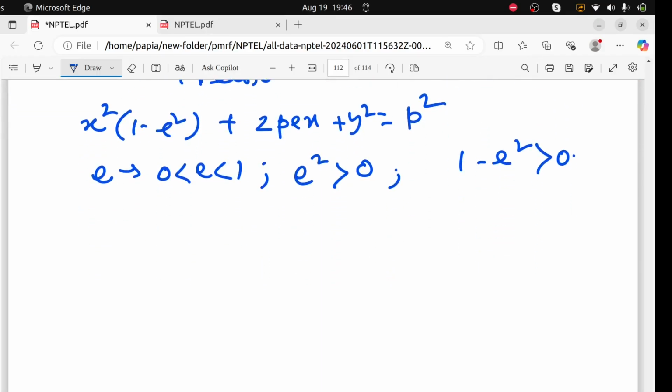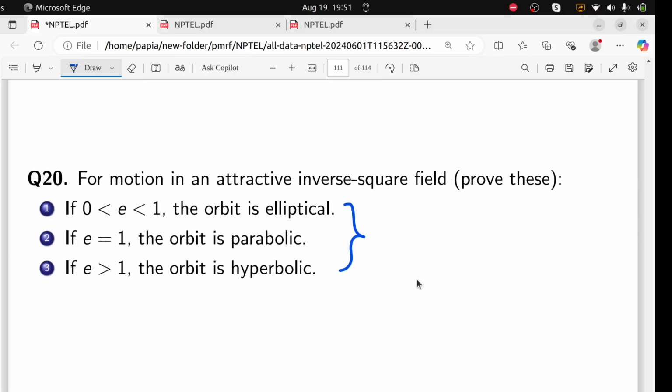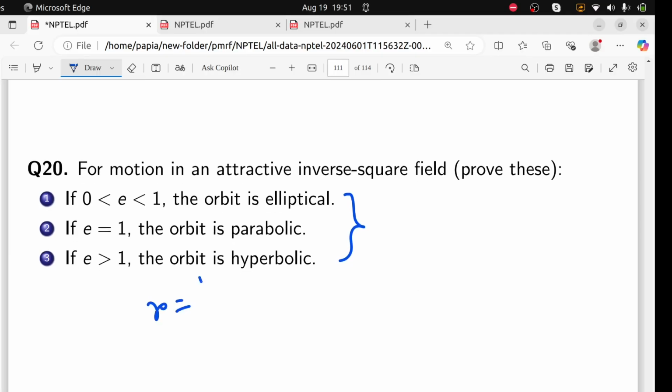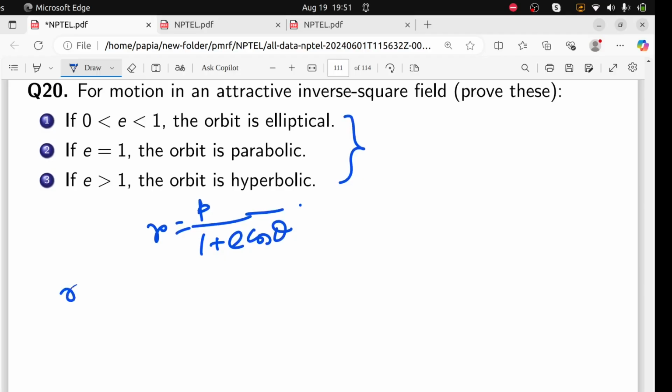So now, after this calculation we did right before some time. So for the motion in an attractive inverse square field, they are telling that we have to prove these points. So previously we just had the conic section as r equals p by 1 plus e cos theta. We were representing that one as r plus r e cos theta equals p.